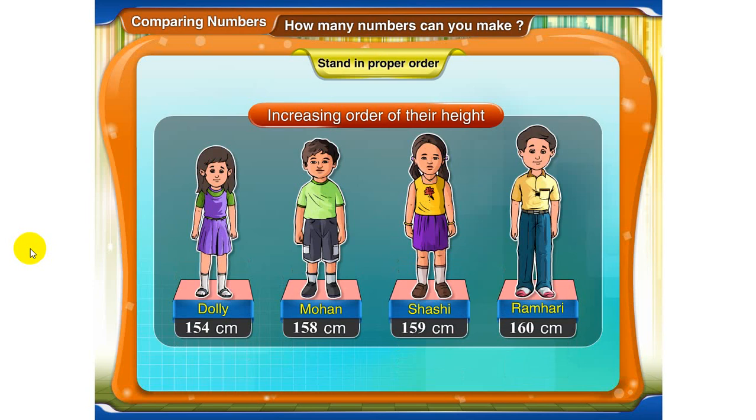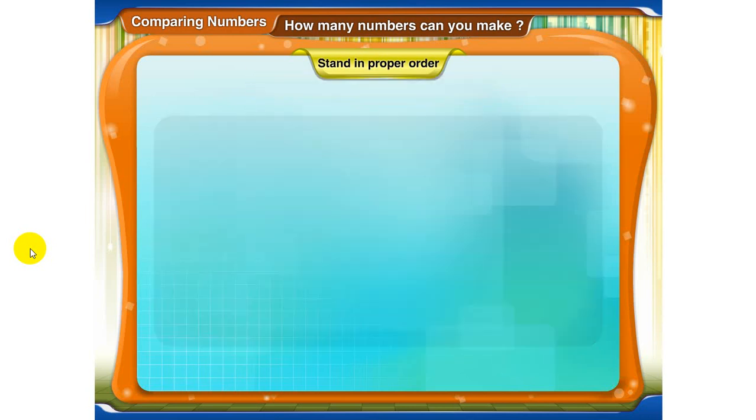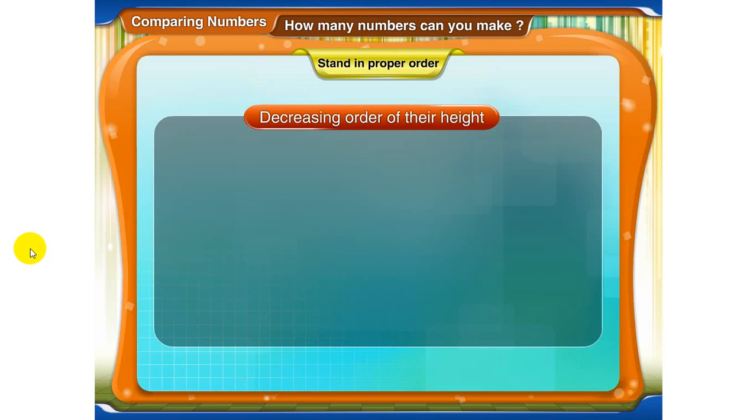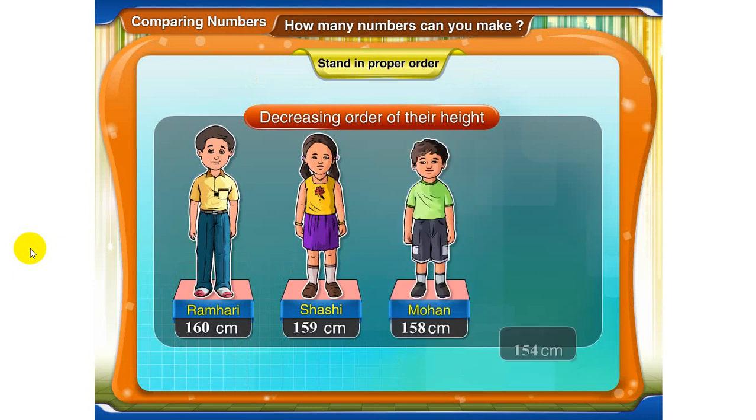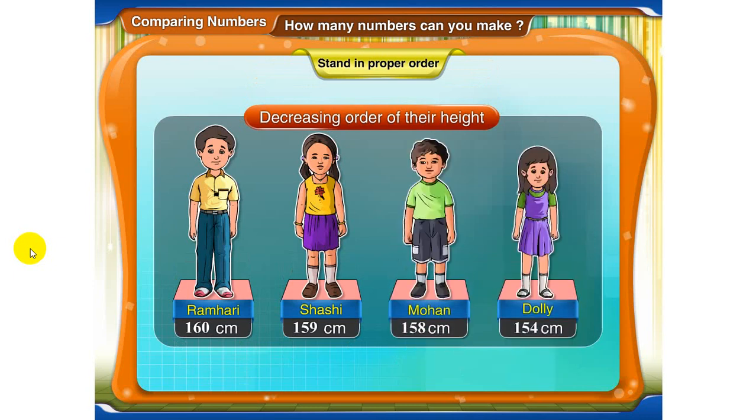So, this arrangement is of the form from smallest to the greatest. Decreasing order of their height is Ramhari, Shashi, Mohan and Dolly. This arrangement is of the form from greatest to the smallest.